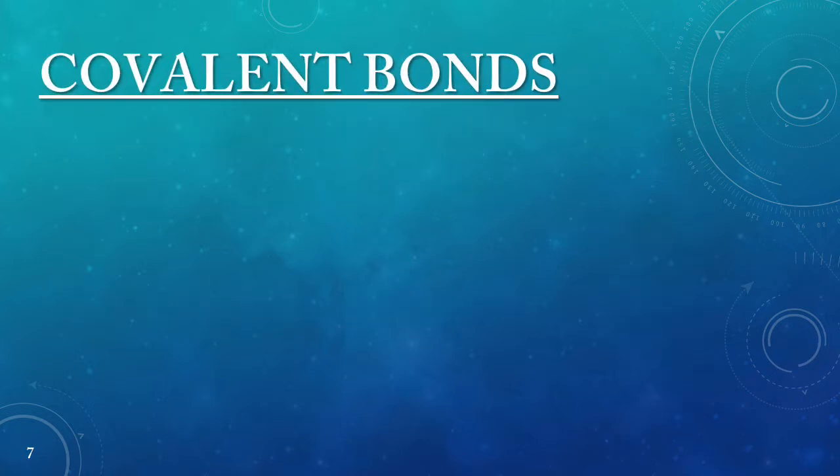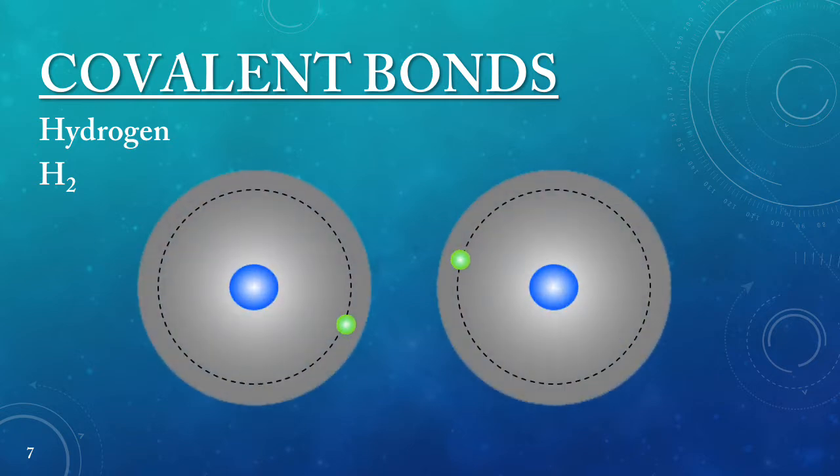Okay, so we're going to look at some examples. We'll find out that those diatomic molecules do form covalent bonds. So we're going to take a look at hydrogen first. Here's our Bohr model for hydrogen. I have a proton as my nucleus, and I have 1 electron somewhere around the nucleus in the electron cloud. Hydrogen doesn't like to sit by itself.